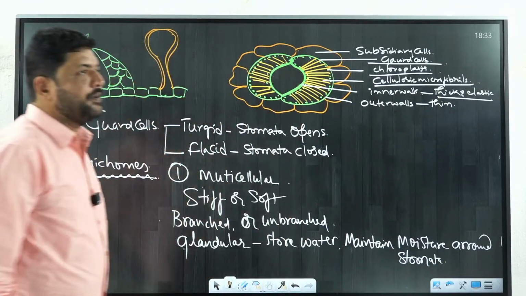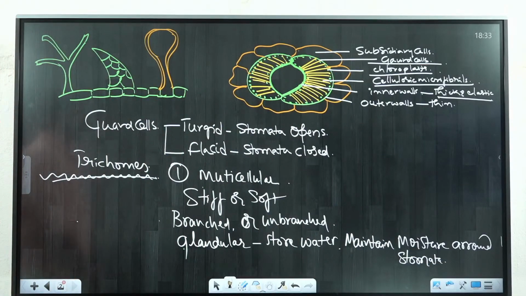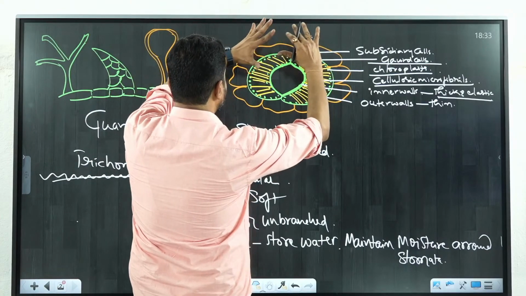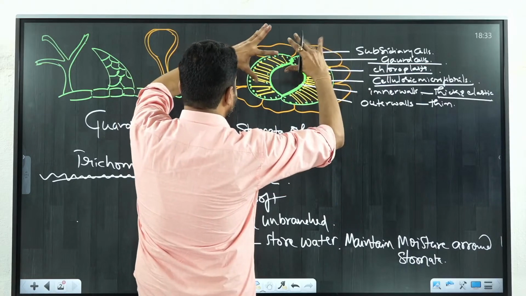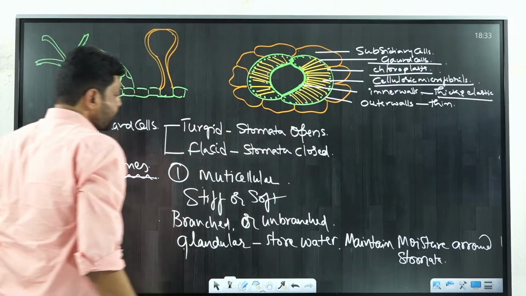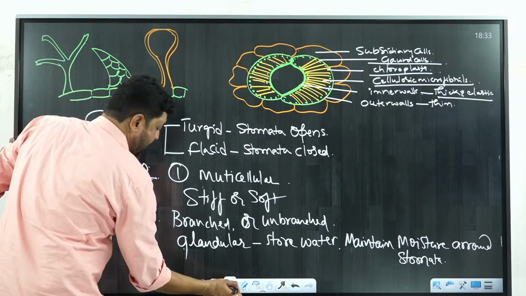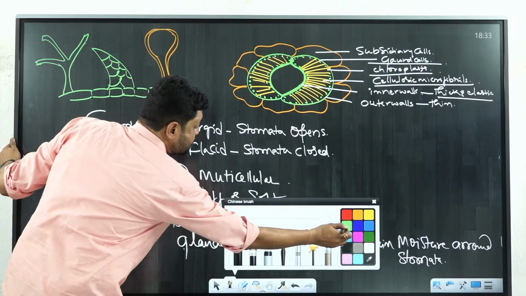Maintain moisture around the stomata. If the stomata is covered by certain trichomes which maintain moisture, the immediate atmosphere of the stomata is not dry.